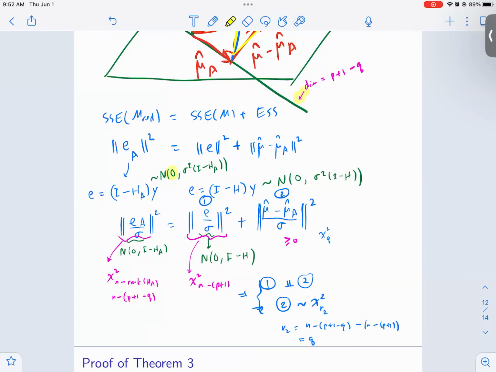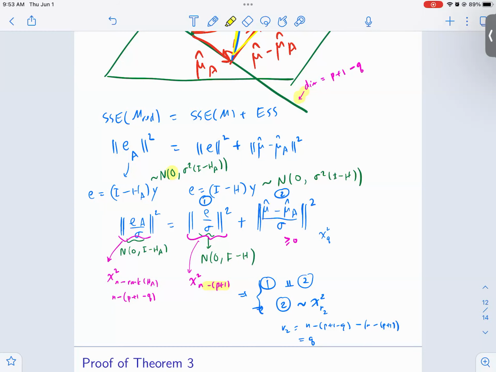And for this one, we also know that it's chi-squared with n minus p plus 1 degrees of freedom. This we already see. And then this is non-negative because it's a norm of something squared. So we have a quadratic form with chi-squared distribution, and the remainder is non-negative, so I can apply Cochran's theorem. It tells me that these two components are independent, which is exactly what I want. I can drop the sigmas as well because sigma is constant. So if these two are independent, any functions of them are independent of each other.